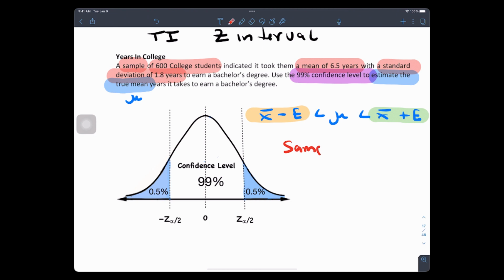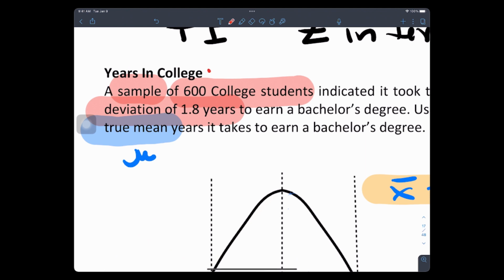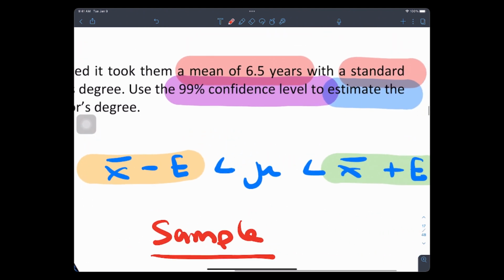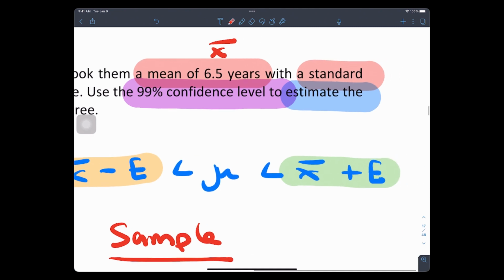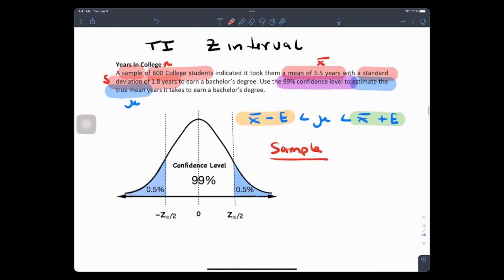Gather your sample information. What is it? When you read it, what are they saying? Sample size is 600. Good. What does the 6.5 represent? Sample mean. How do you know? It's a mean that came from the sample. They just told you. And then now you have a sample standard deviation, which is S. So I'm just going to say to you guys, write that down.